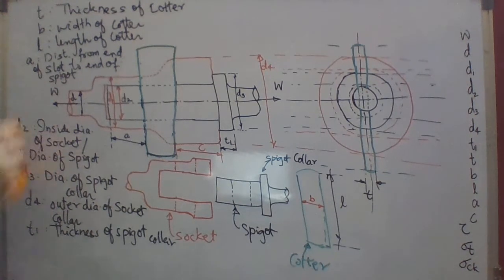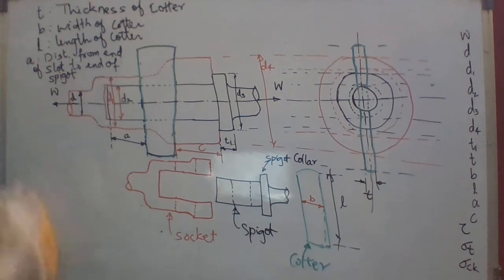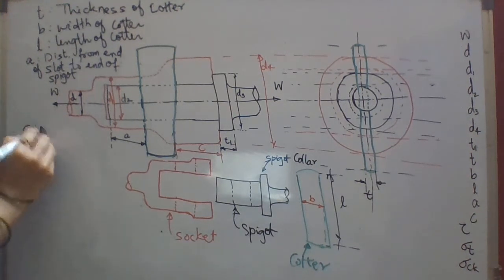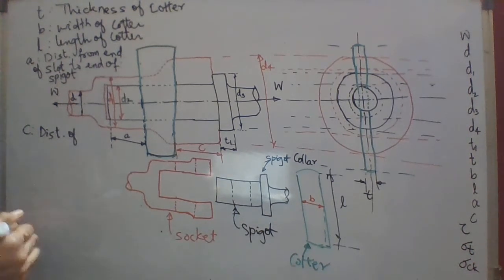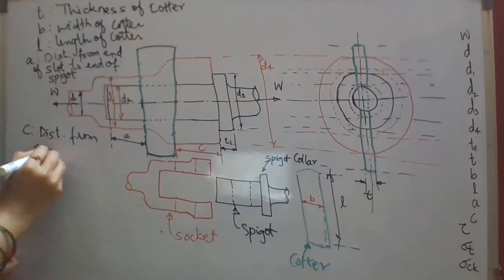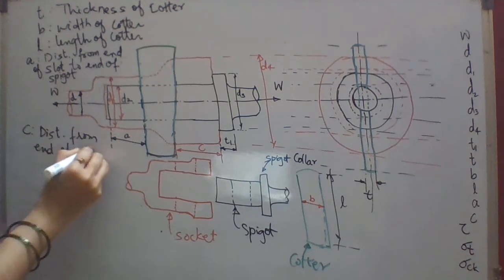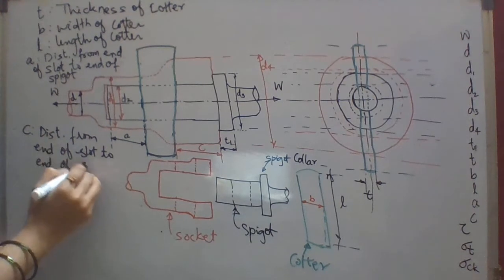Now in the same style you can write C. What is C? C is the distance from end of slot to end of socket.